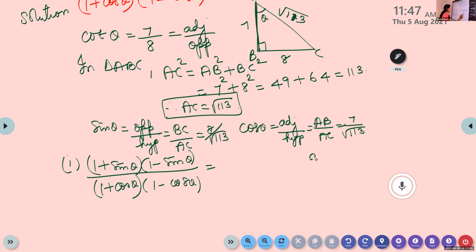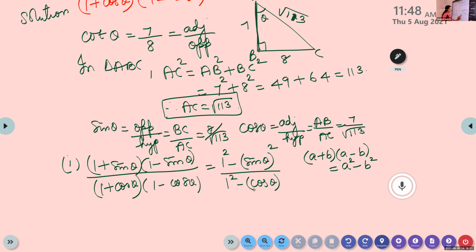Very good: A plus B into A minus B is A square minus B square. So we can write this as 1 square minus sine square theta by 1 square minus cos square theta.